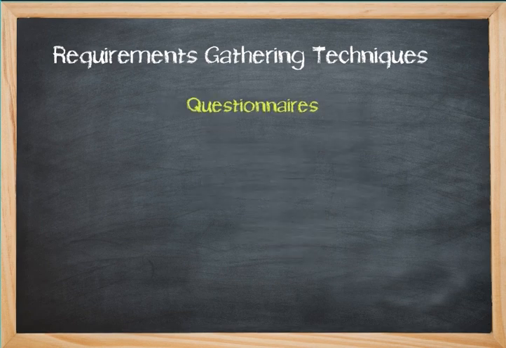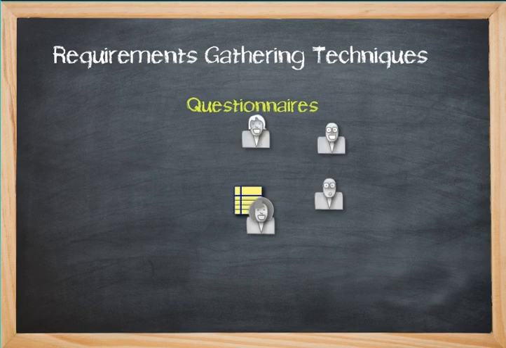Another technique, we're almost done, is the questionnaire. The questionnaire is where you have a facilitator, and you have subject matter experts, and you have questionnaires. This is an age-old technique of getting feedback. What you do is you basically have your predefined questionnaires in order to get the requirements, and you're handing them out to individuals separately, and they're filling it out separately.